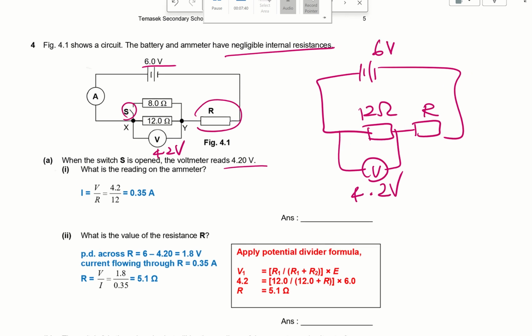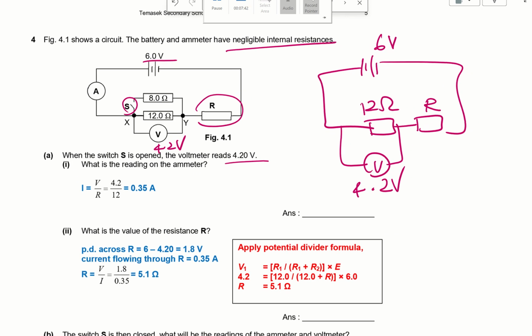Okay, so if the voltage across the 12 ohm is 4.2, which means the voltage across the R will be 1.8, because they must sum up to become 6 volts. This is for when resistors are in series, the sum of their potential difference is equals to the EMF. So with this, I can find my voltage across R to be 1.8.